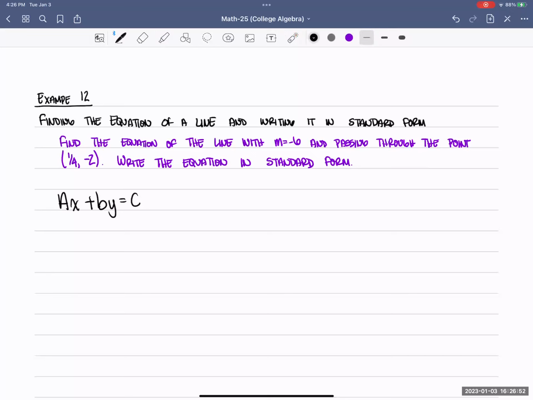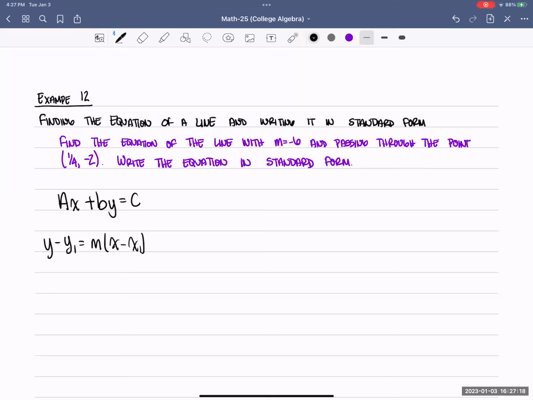But before that, we have to figure out what the equation of that line is. So we need our point-slope formula, and it's perfect because they give us a point and they also give us the slope. So we don't have to do too much work here. Let's start with the equation: y minus y1 is equal to m times x minus x1.